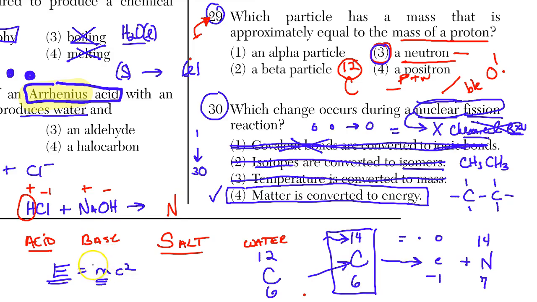And a little bit of mass, just a little bit, times a what? A huge number, which is the speed of light squared, is going to give you a lot of energy. So a little bit of mass is missing as energy is released in these reactions.